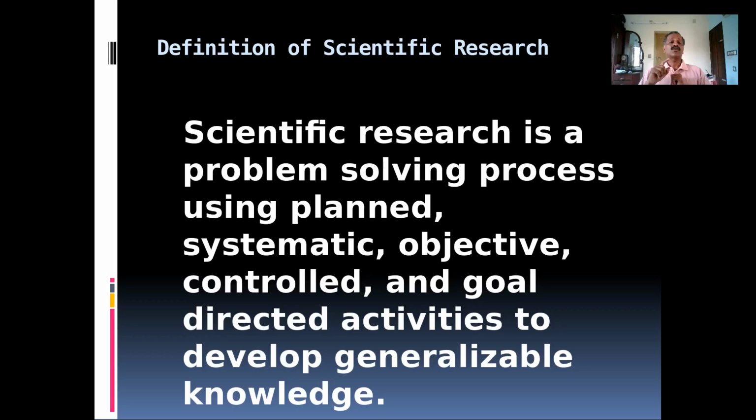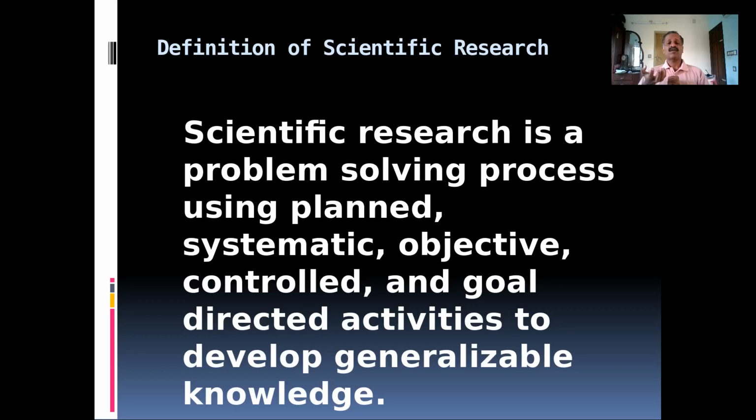And it is goal directed also. These activities are goal directed. We have a goal. That is why we formulate objectives, and we formulate the hypothesis, before starting the research. It is always a goal directed activity. And finally, what is the aim of that? Generalizable knowledge.